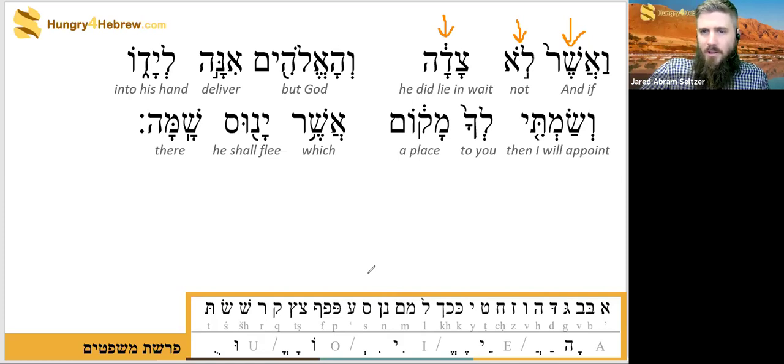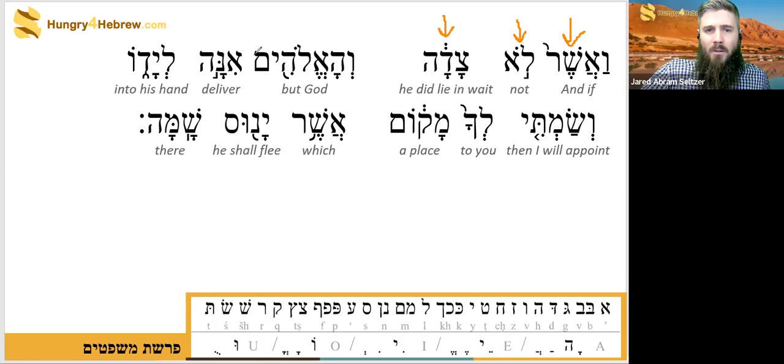So if somebody is fighting out of self-defense, or didn't mean to, had no hate for his brother, and it just happened. All right, so this is not someone who lay in wait and decided to murder somebody.